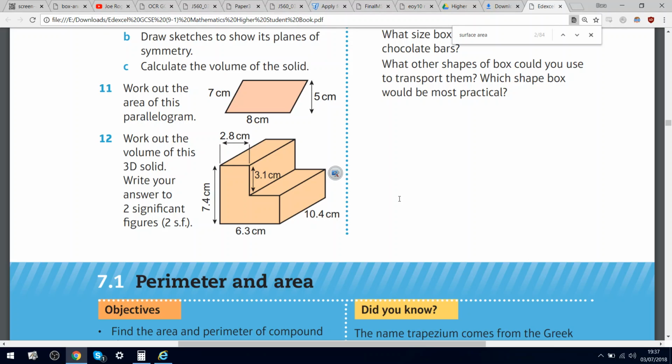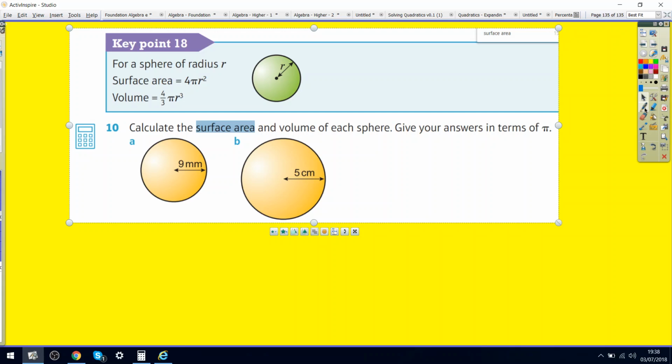Okay, so for the volume of that sphere, volume is 4/3 pi r cubed, and then we just sub in the 9. What are we asked for?